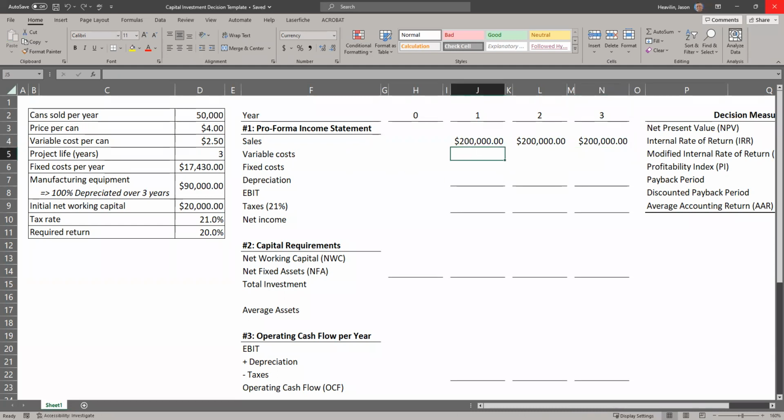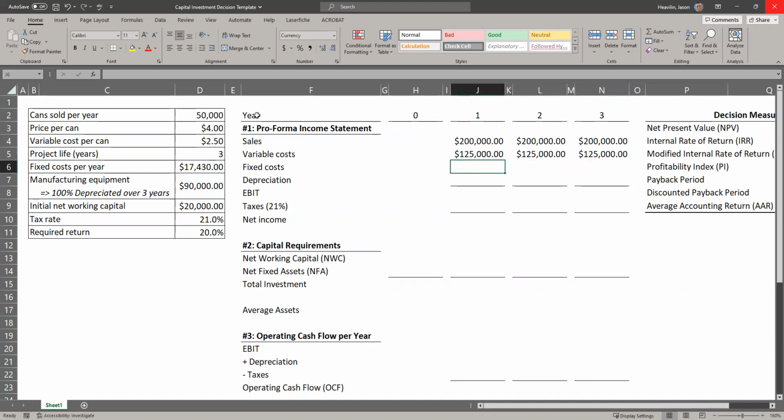Well, if we have the amount of cans that are being sold and the variable cost, we can do the same thing where we take the total cans sold times the variable cost per can. We're also going to assume that the variable cost per can stays constant. So we're going to go ahead and put the same number over the years.